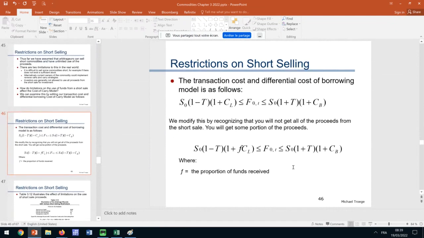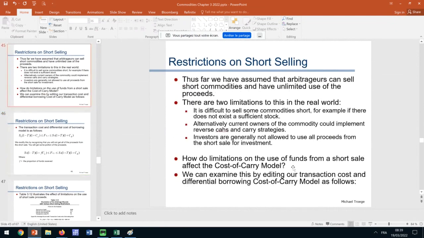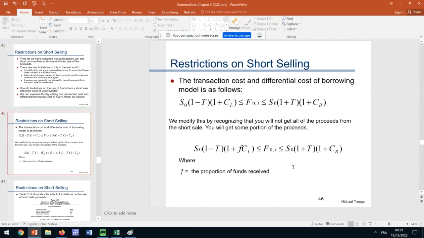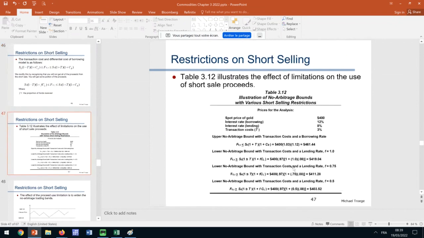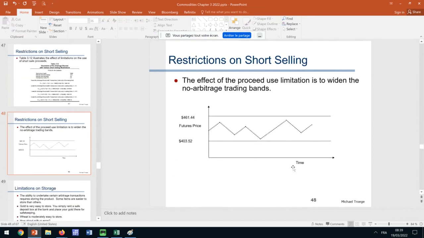What else? Restrictions on short selling, which we already mentioned. Short selling means that you have to own the commodity or be able to borrow it, and that's obviously not the case in a lot of markets. If you have these restrictions on short selling, it's going to open up a difference between the upper and the lower price range that you can have.